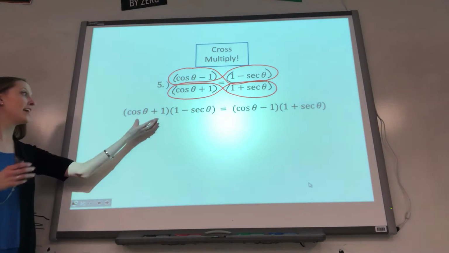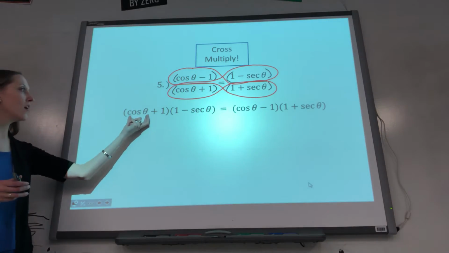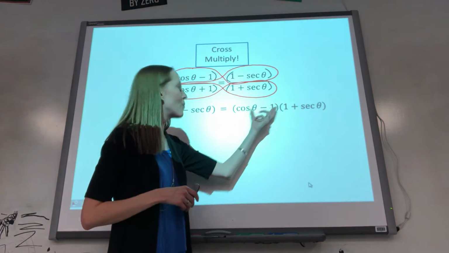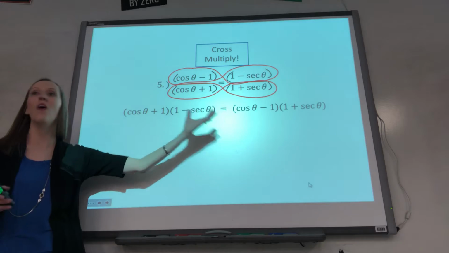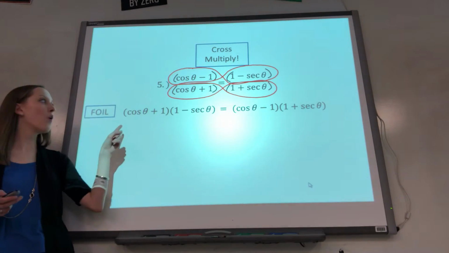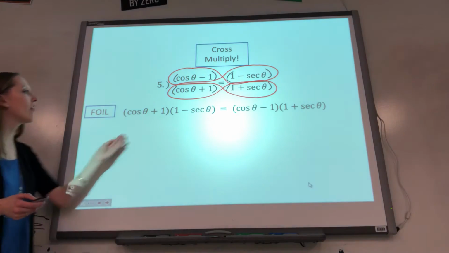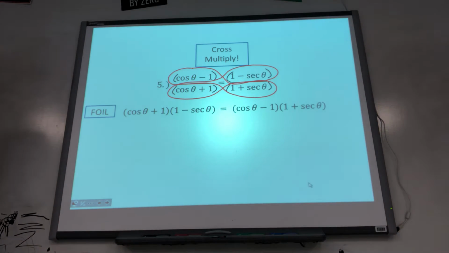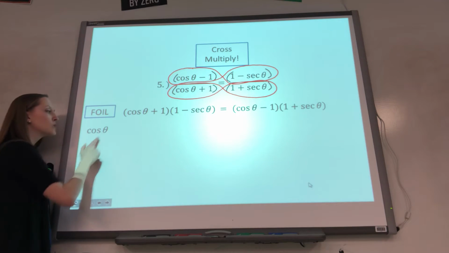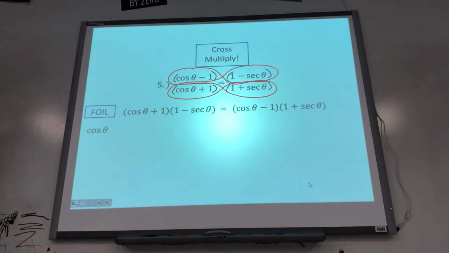Okie doke. This is a binomial times a binomial. This is a binomial times a binomial. So what are we going to have to do on both sides? Foil. Yes, foil the left, foil the right. So here we go. Cosine of theta times 1 is just cosine of theta.